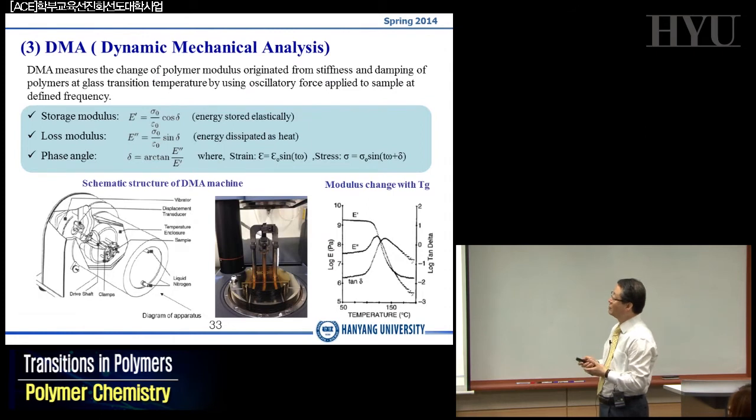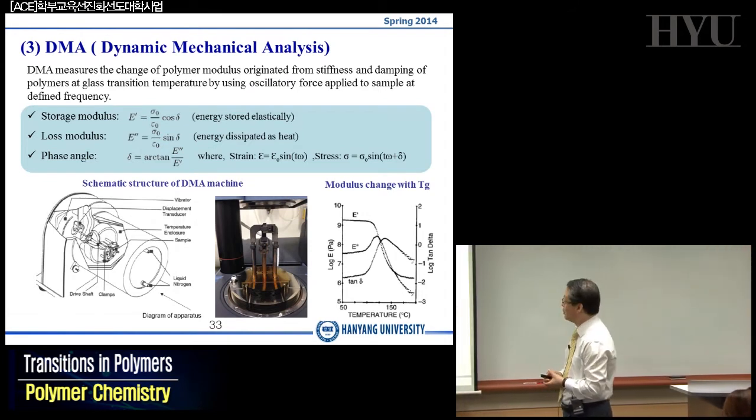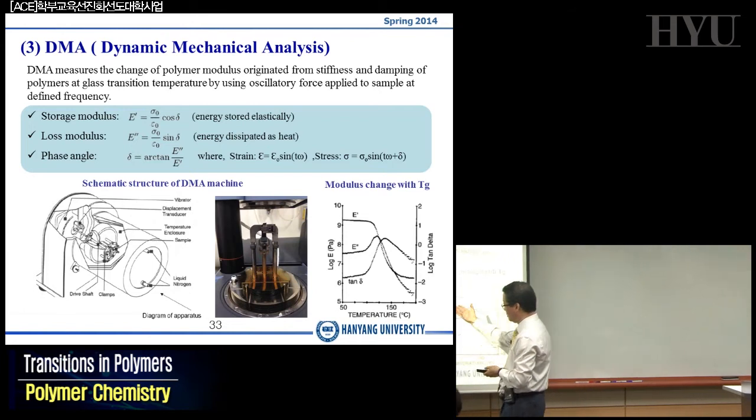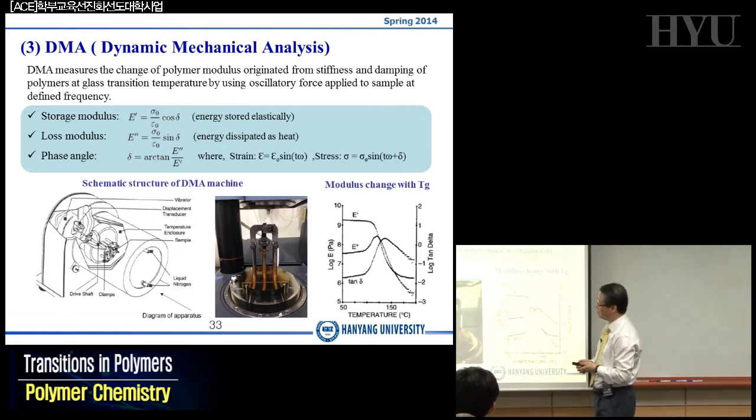The third method of measuring the glass transition temperature is by using the DMA, dynamic mechanical analyzer, which I have just shown you and also described.